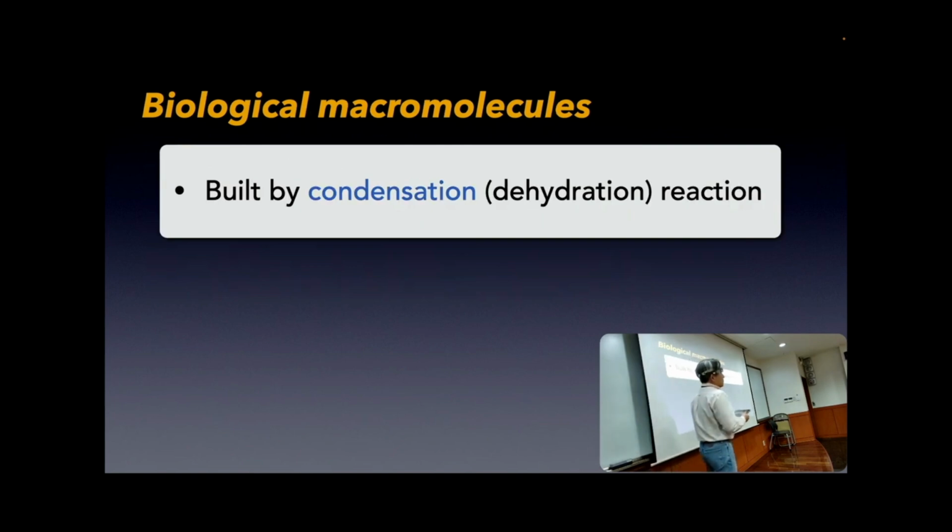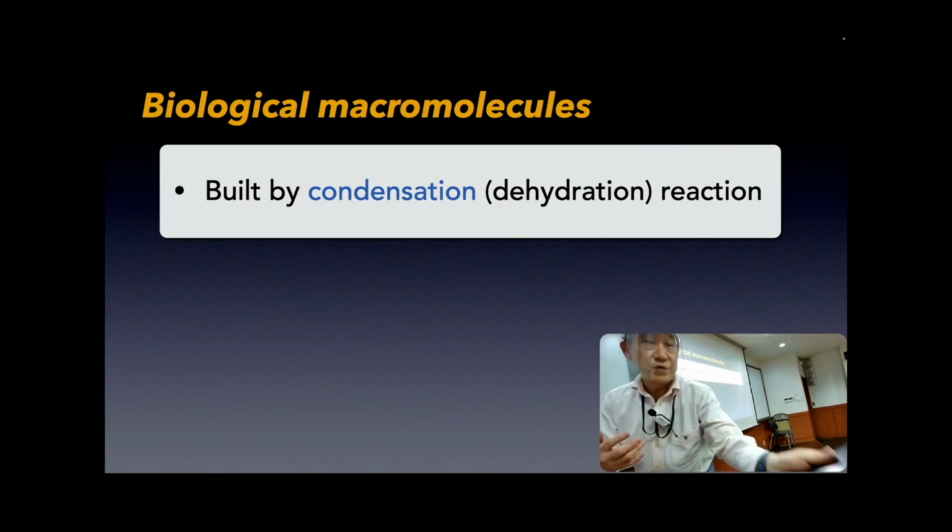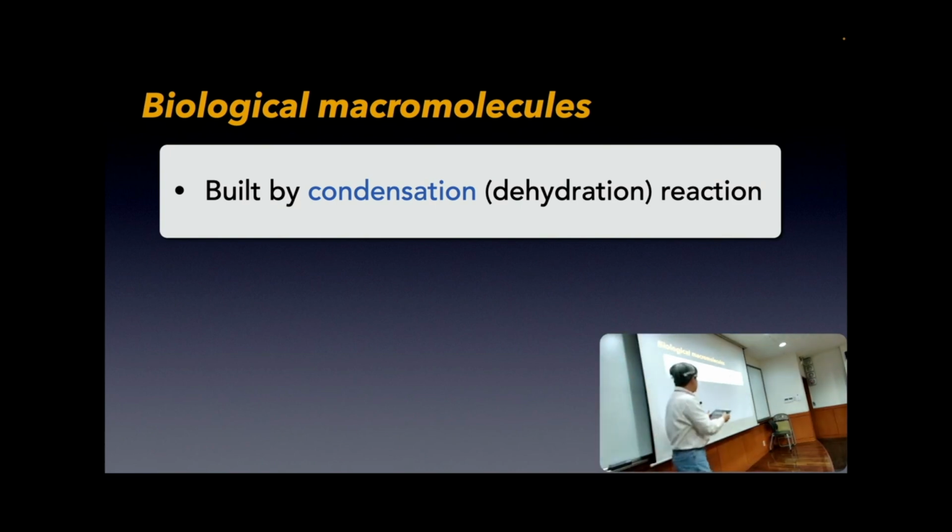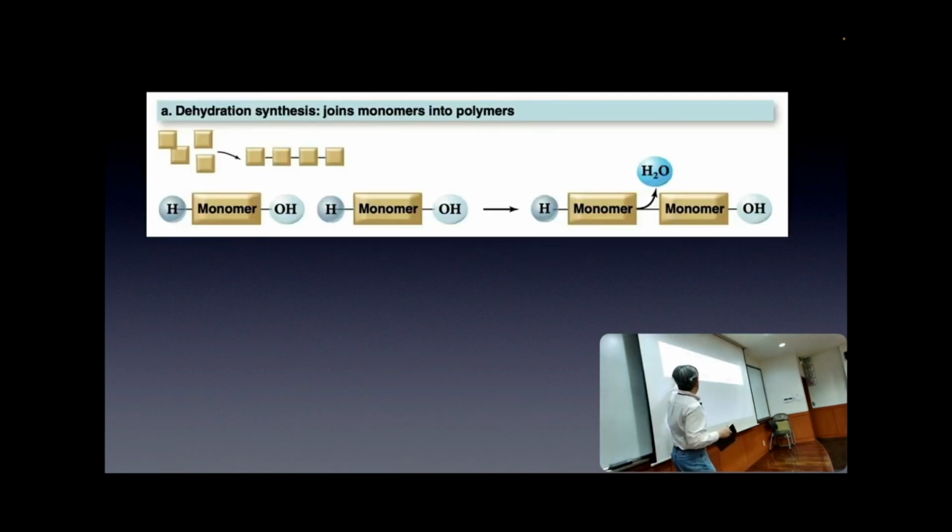And the good thing about this particular type of covalent bond is that all four different macromolecules use the same kind of covalent bond. We call it condensation reaction or dehydration, which is this. Here there is a monomer.